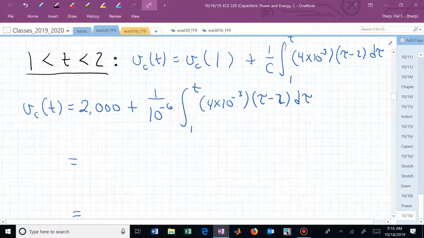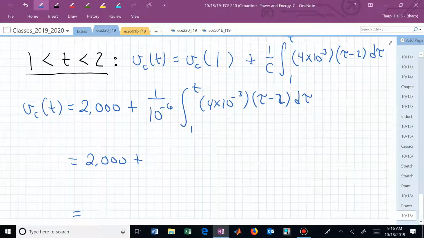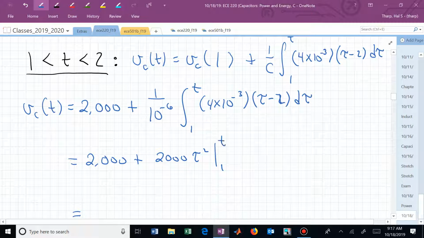Or we now have 2000 plus, now the 10 to the minus 6 downstairs combined with the 10 to the minus 3 and the 1/2 that comes out from integrating tau and the 4 gives us 2000 tau squared from the lower limit to the upper limit.